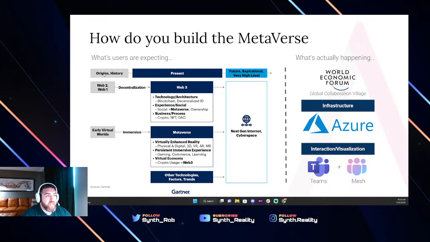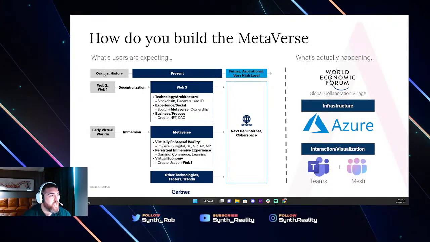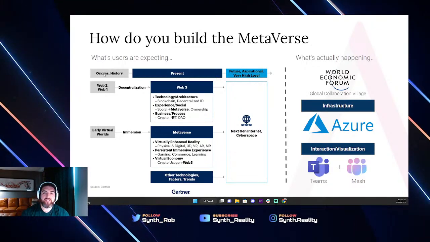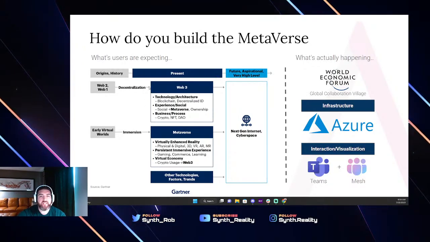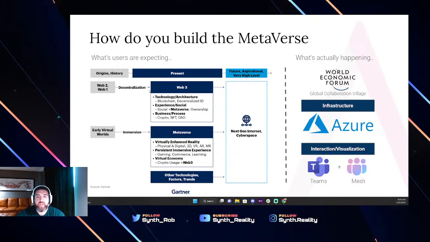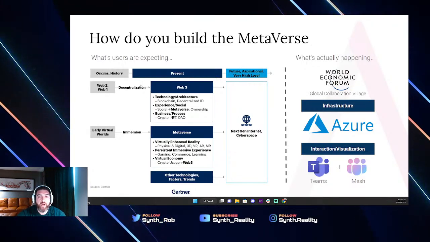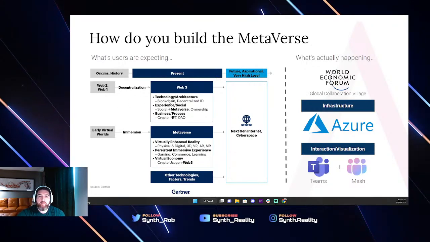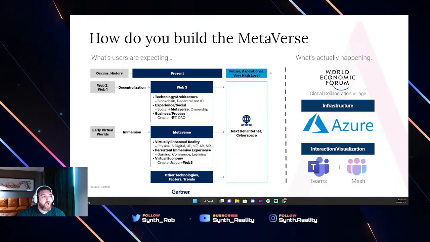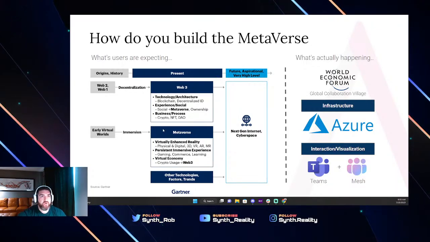So in a Web 3 experience, we now decentralize it, which means we have the ability to see that information wherever we want across a public blockchain. Blockchain technology, everyone's probably familiar with from cryptocurrency.